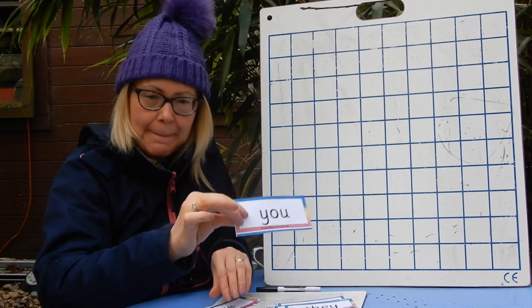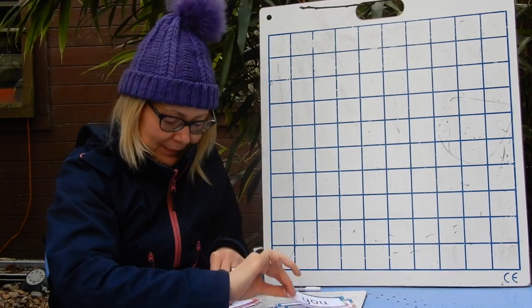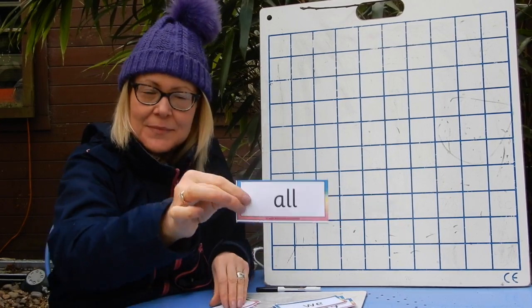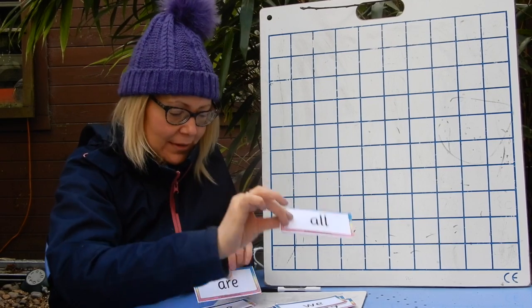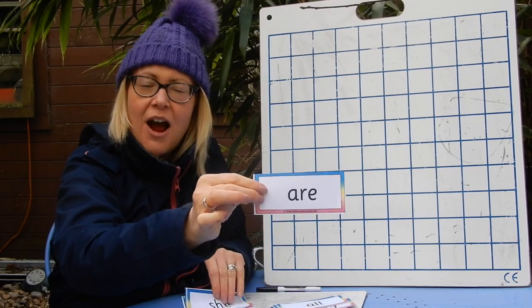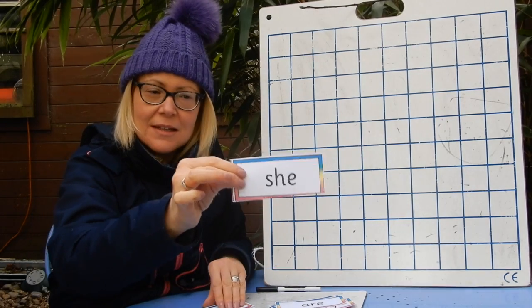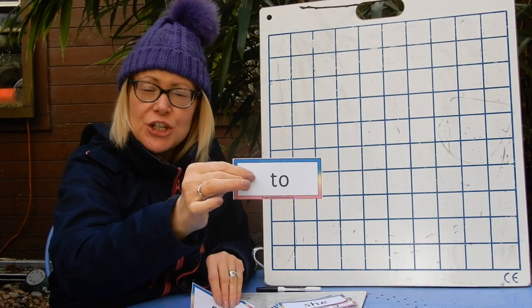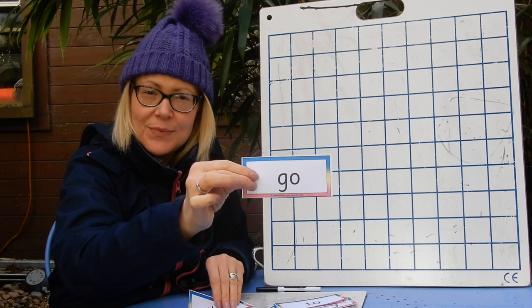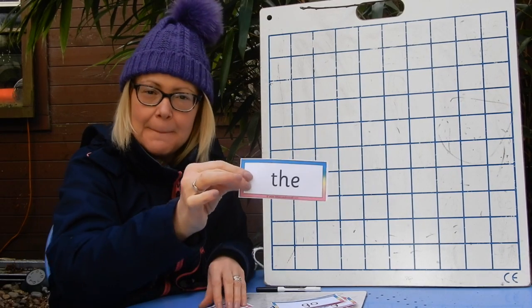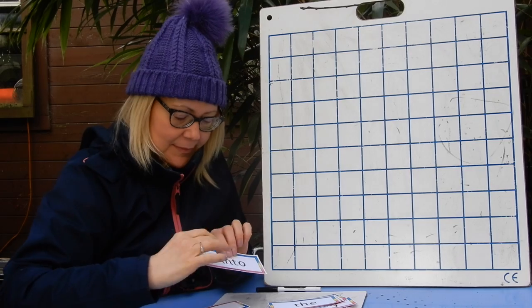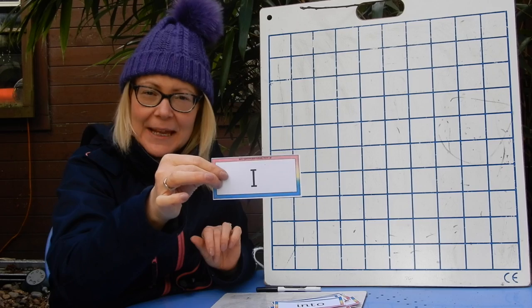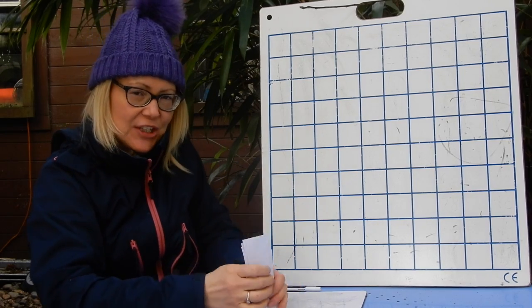They, you, we, all, are, she, to, go, the, into, I. Okay, so that's our common exception words from phase 2 and phase 3.